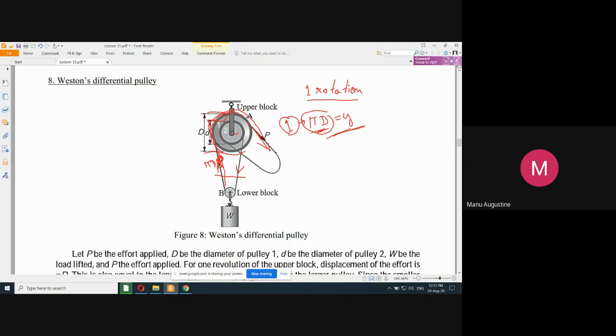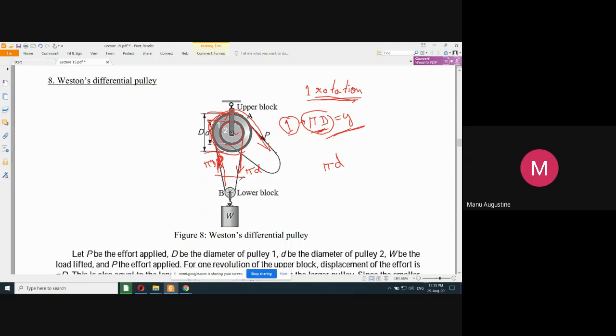Now at the same time, look at the smaller block. In one rotation, the smaller block will cover a circumferential distance of pi into small d. And since the smaller block, while rotating, is supplying rope to this end, in one complete rotation the second block supplies a rope of pi into d, but this time small d.